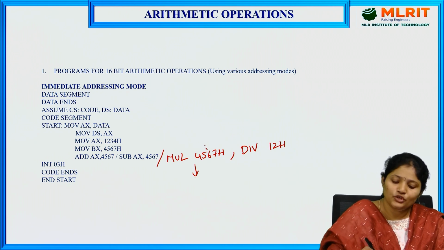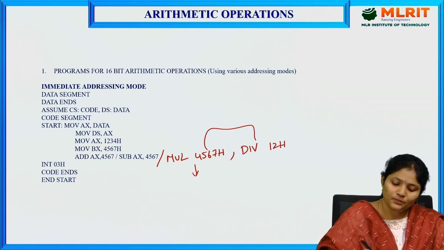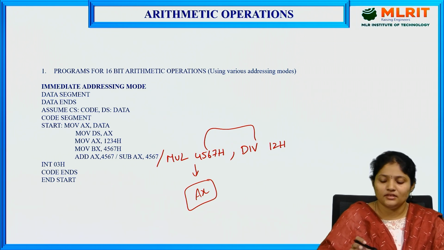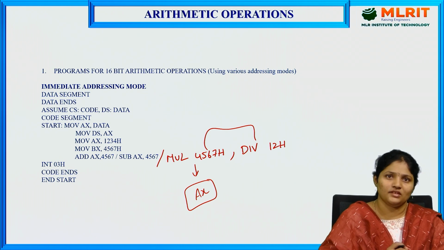In these two cases, multiplication and division in 8086, the destination register will always be the register AX. That's why I didn't mention the AX register in these two instructions. So multiplication and division instructions will always have AX as the destination register.